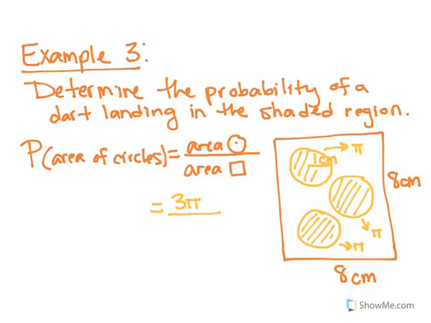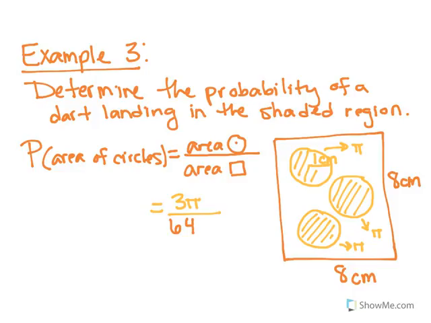And now we have to determine the area of the square. The area of the square is side squared, or length times width, which is 8 times 8, and we get 64. So we're going to assume that this particular question is going to ask for the total area as a decimal without pi.